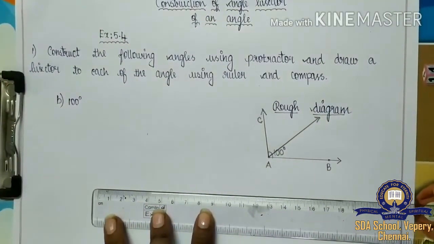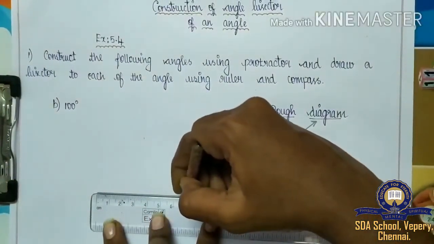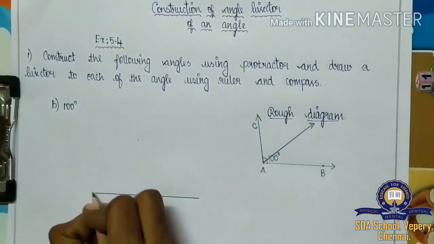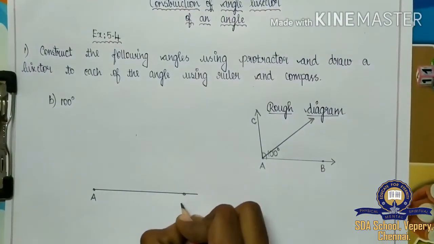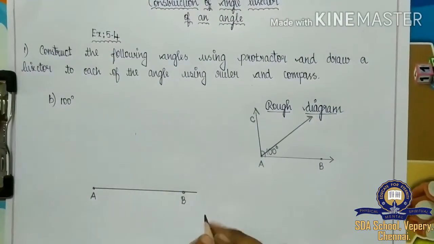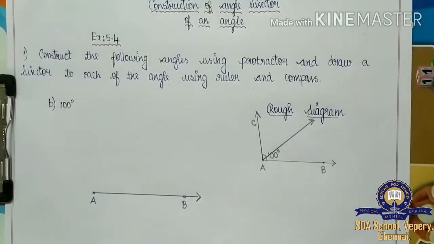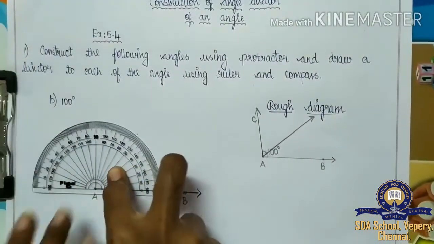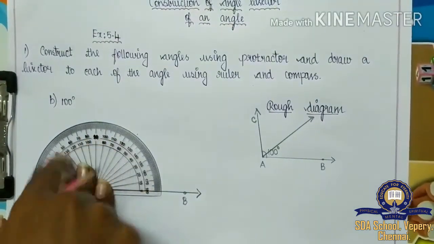Step 1, draw a line 7 centimeter and mark the points A and B. The line does not have end point, right? So it goes on. Put a small arrow and using protractor mark an angle 100 degree in the inner scale.